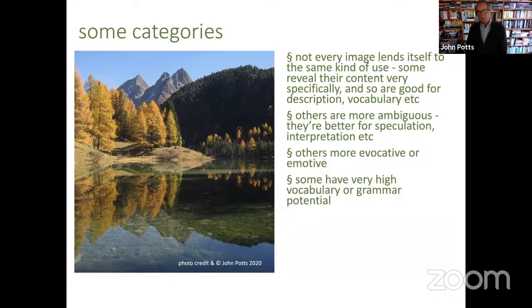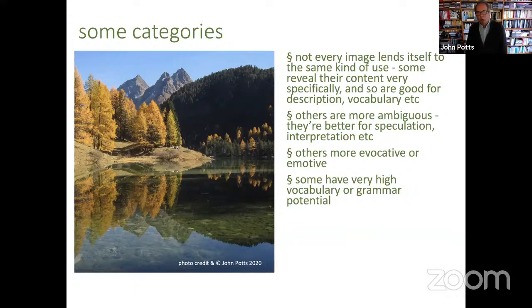Some images have a very high vocabulary potential or a very high grammar potential. For example, a picture of a crowded railway station. There might be lots of things going on, what people are doing: sitting, standing, walking, talking, carrying, waiting, looking. And so that would generate lots and lots of present continuous verb forms, for example.